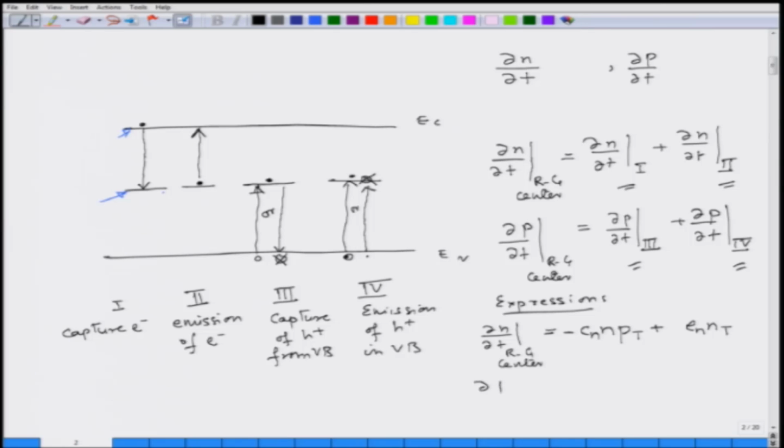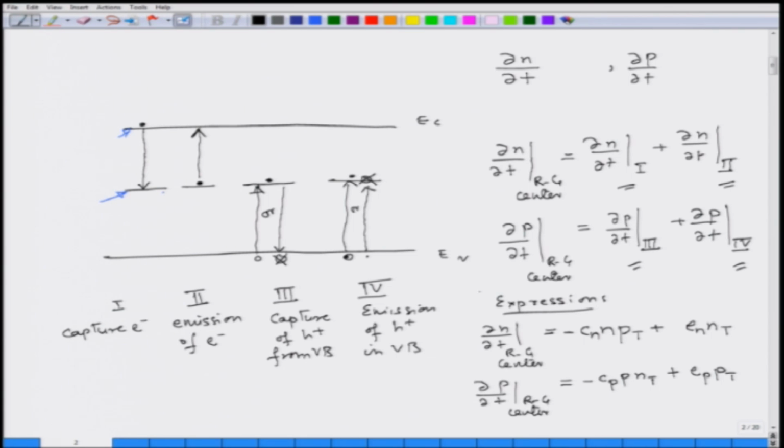Similarly, I can write the change in the hole concentration. The only difference here is that my subscripts will change. So, here it will be the capture coefficient for holes multiplied by the n of t, we need occupied states for that, and the emission of holes and P of t.